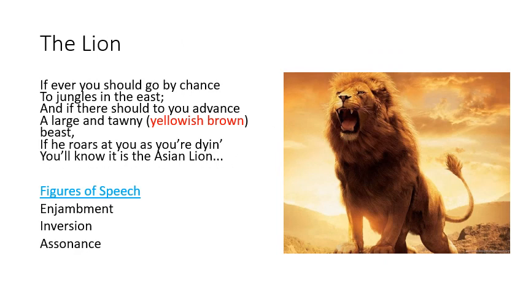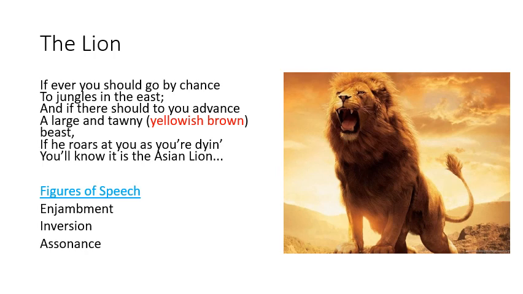If ever you should go by chance to jungles in the east, and if there should to you advance a large and tawny beast, if he roars at you as you are dying, you will know it is the Asian lion.